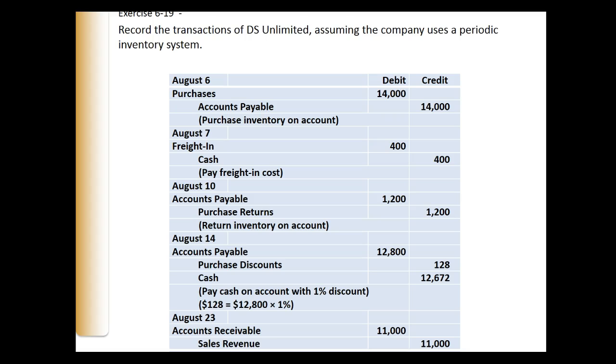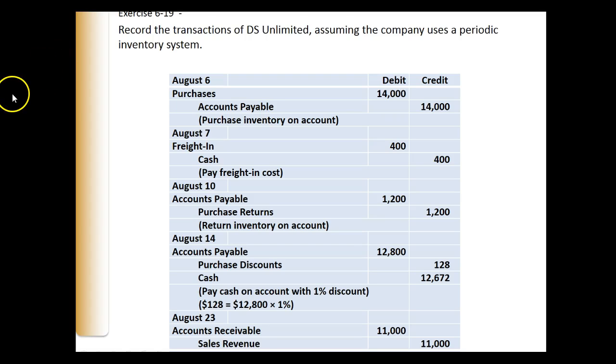As you see, for the purchases of the handheld devices, instead of adding it to inventory under the periodic system, we are going to debit purchases for $14,000 and credit accounts payable for $14,000. On August 7th, showing the freight in, we debit freight in and credit cash. August 10th, for purchase returns, we debit accounts payable and credit purchase returns for $1,200.